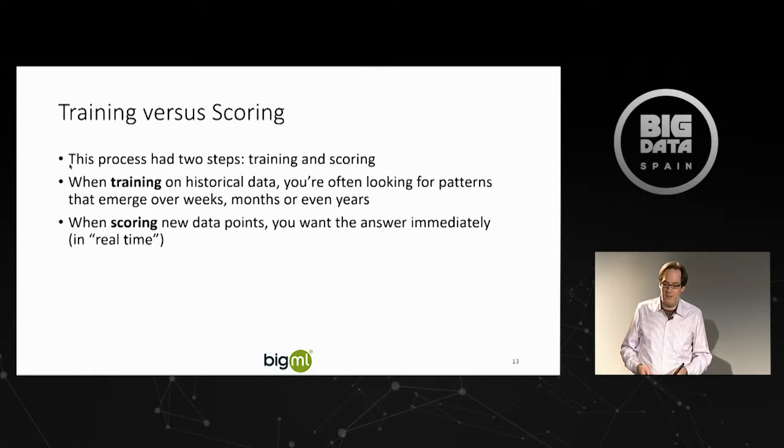And if you think about it, when you're training on historical data, you're often looking for patterns that emerge over weeks, months, even years. But when you're scoring a new data point, when you're taking that flower and you don't know what species it is, and you figure out what rectangle it falls into, well, you want that to happen instantaneously. You want to get the prediction in real time.